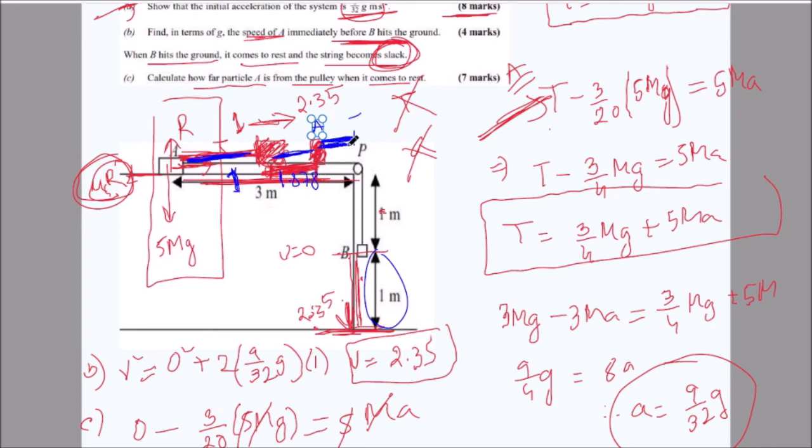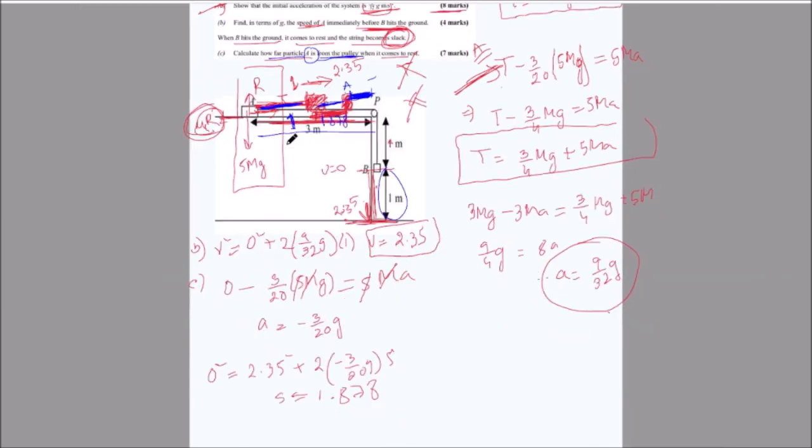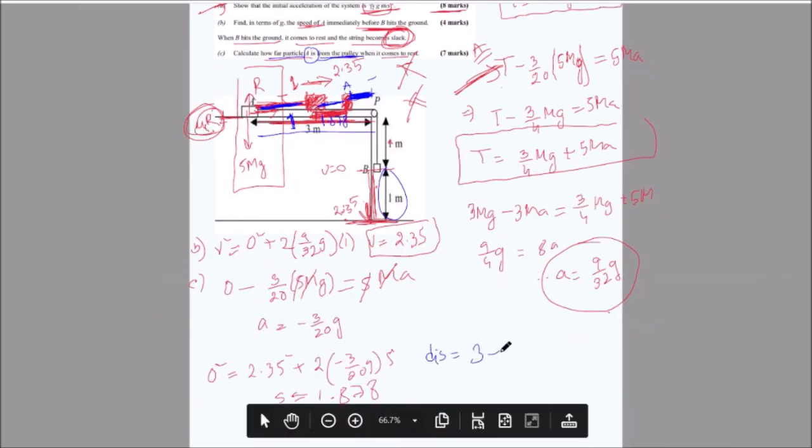We need to find the remaining distance. The total is 3, so if you deduct 1 and this 1.878 from 3, you will get the result. So the distance is 3 minus 1 minus 1.878, which gives you 0.122.